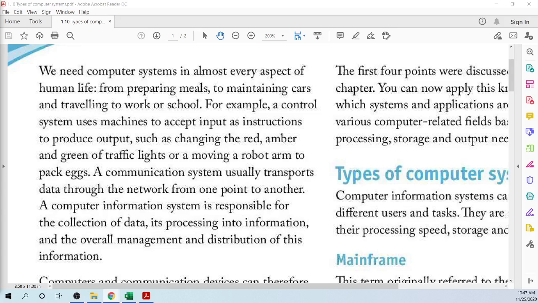Now, even a robot that is used to pack eggs. So, for instance, robots that are used to carry out tasks like those in a factory where you have a line process of maybe creating flakes, cereals.